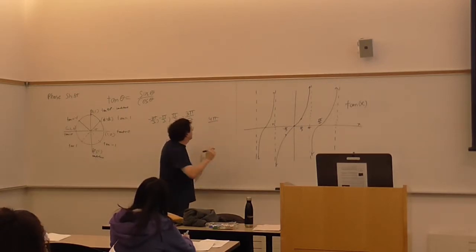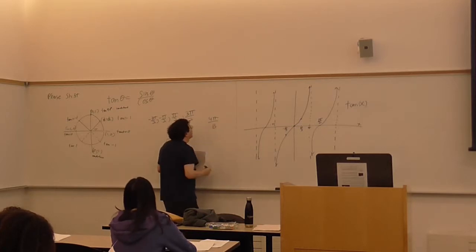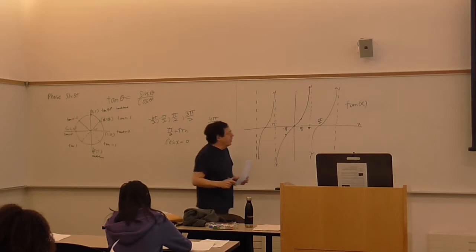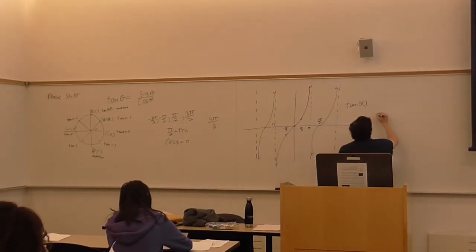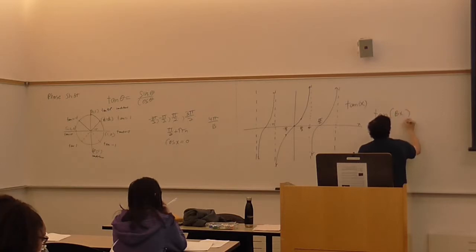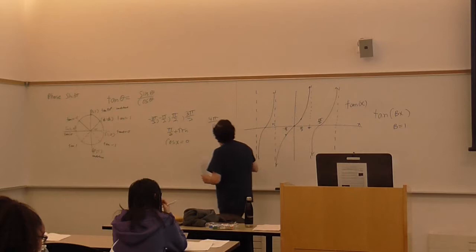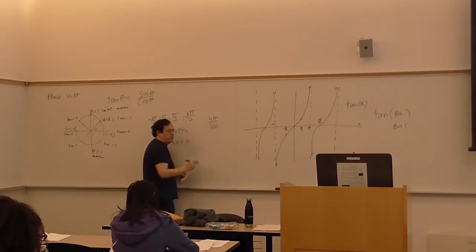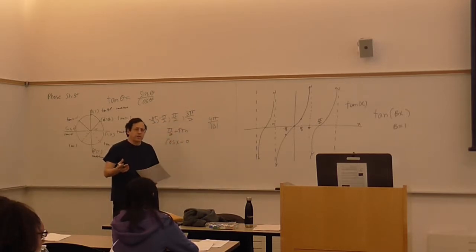Are you asking for the formula? I wasn't, but I'm glad you said that. That's right, this is tangent of bx. Right now b is 1, but that's okay. So then you would say the period 4 pi over b would be 4 pi, right?